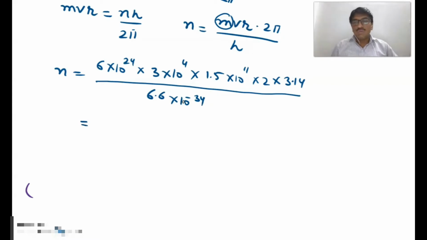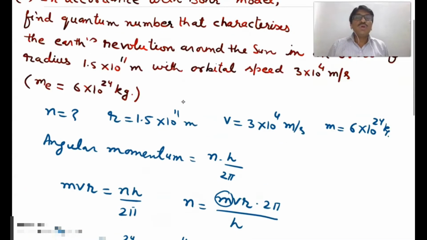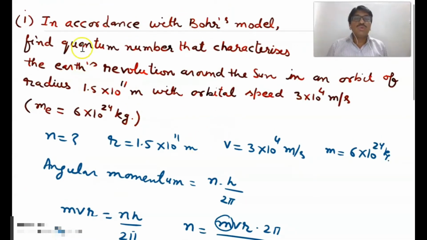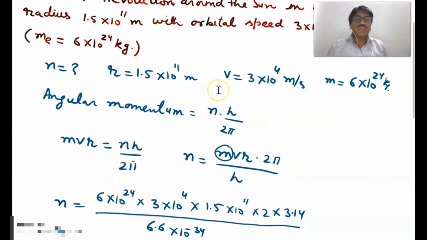If we solve it, it becomes equal to 2.56 × 10^74. This is the quantum number of this characteristic.